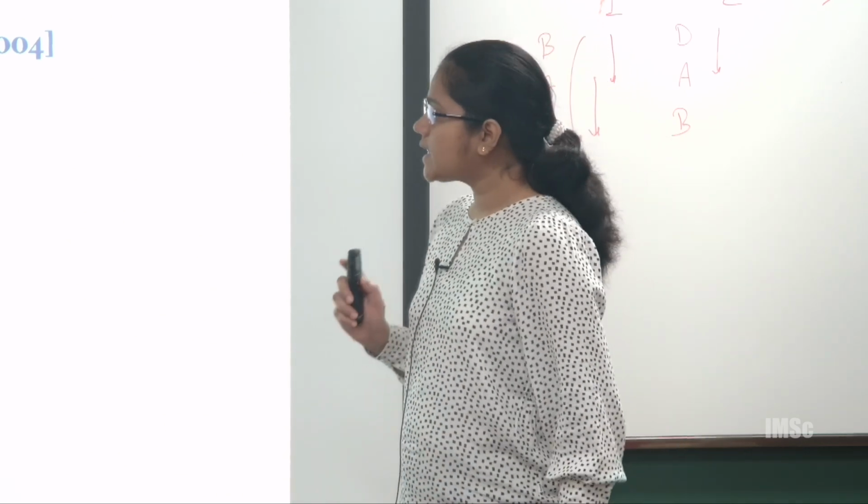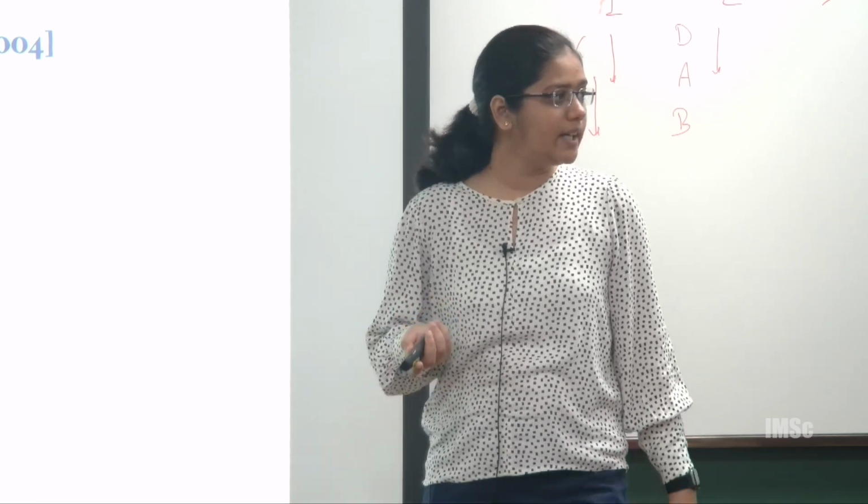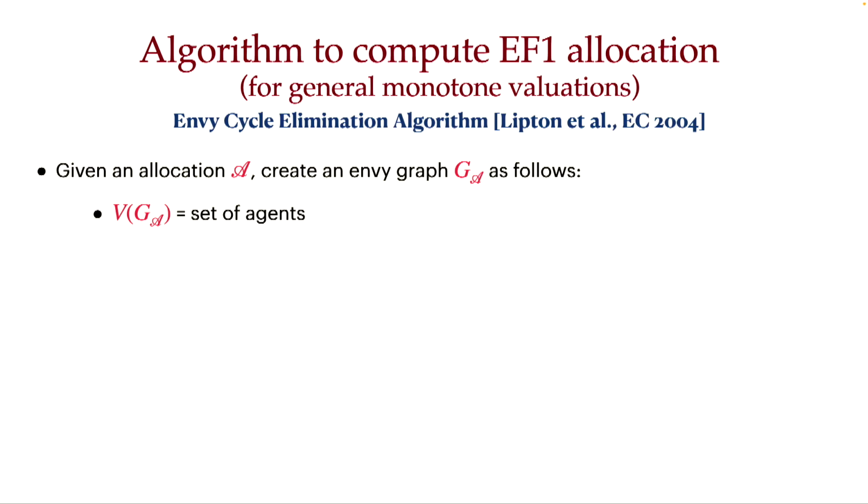So, what is the vertex set? It is a graph, I need to talk about the vertex set and edge set, right. What is the vertex set? Just the set of all agents. Now, if agent i envies agent j in A, then you add an arc from i to j. That is all the construction.